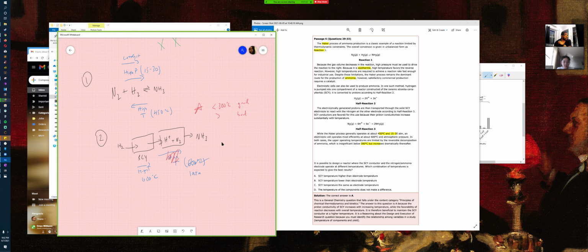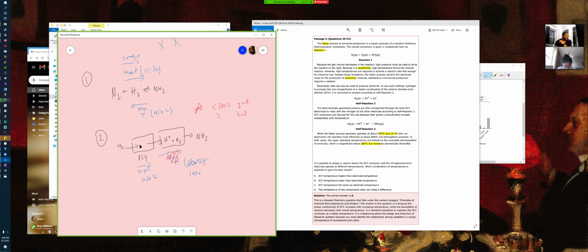So they're saying you could design a reactor where this SCY conductor and the nitrogen ammonia electrode, which is this one over here, operate at different temperatures. Which combination of temperatures is expected to give the best results? So only the SCY part needs to be at a high temperature.